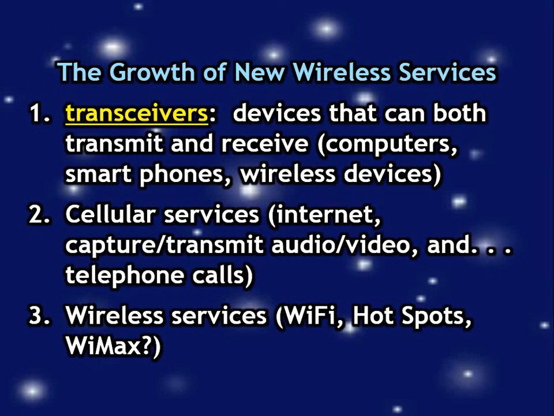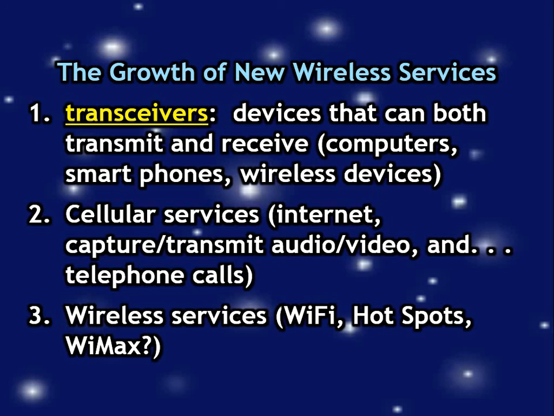All right, and wireless services. Transceivers are devices that can both transmit and receive. We're talking about things like computers, smartphones, and wireless devices. Also, you have cellular services, which are pretty ubiquitous at this point. Not everybody's involved in it, but enough people are. You have your cell phone that you can use to access the internet.